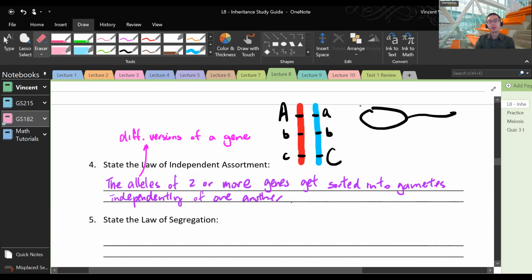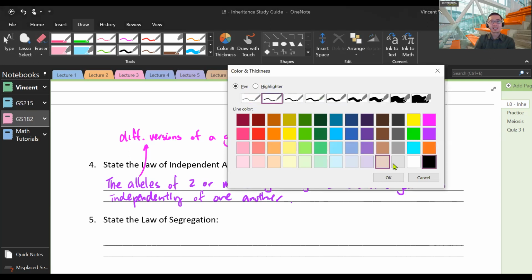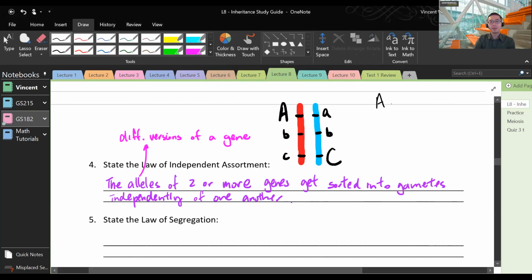I'm just not going to draw the sperm because it's taking up too much space. We can have big A, small b, small c. We can have big A, small b, big C. We can have small a, small b, small c, and small a, small b, big C.